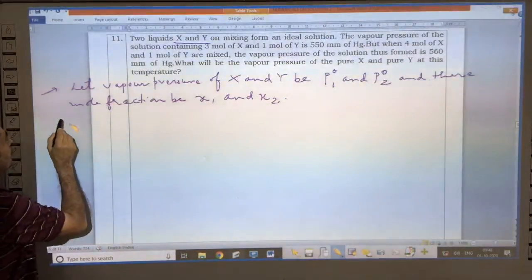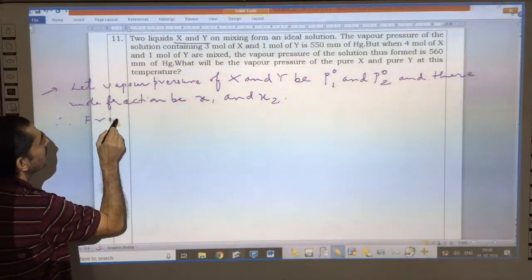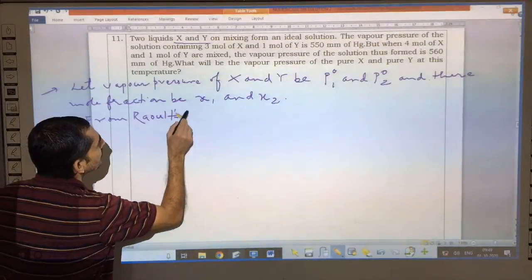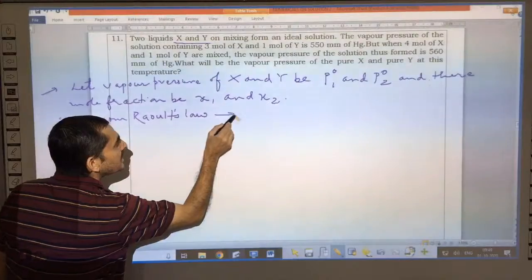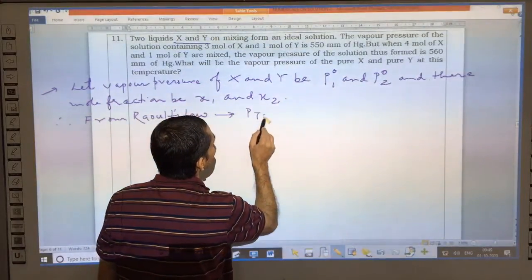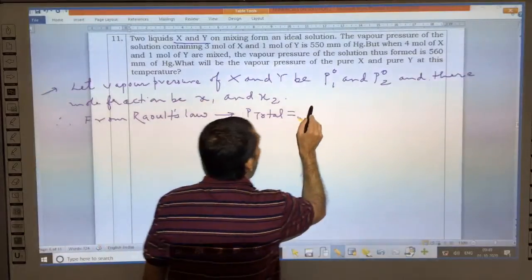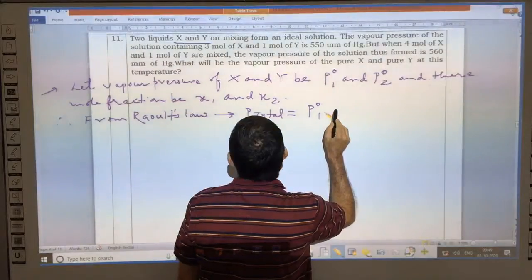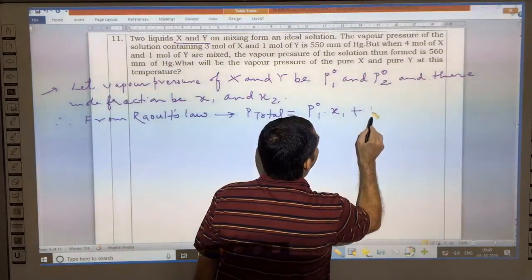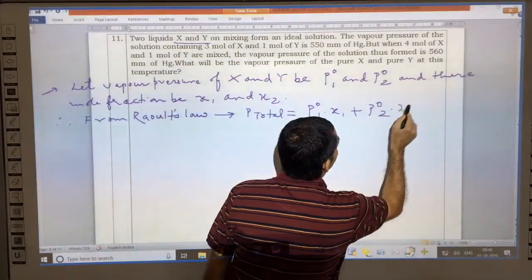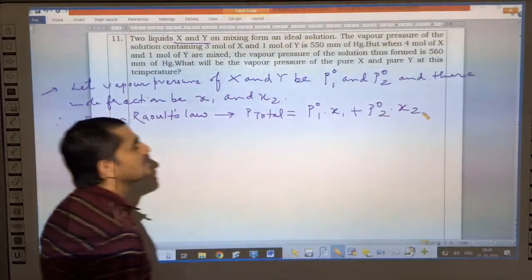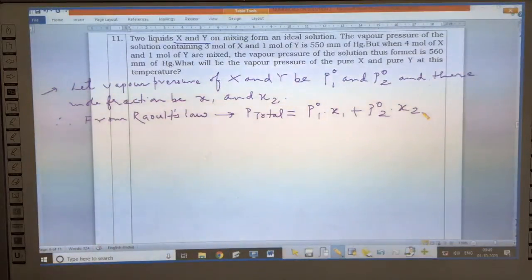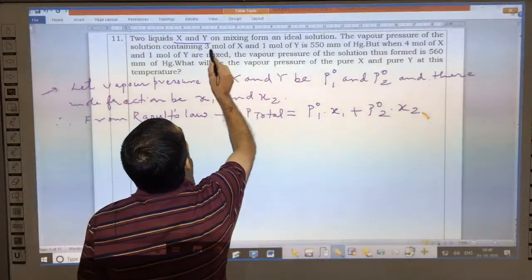Therefore, from Raoult's law, you know very well P total will be equal to P01 multiplied by X1 plus P02 multiplied by X2. Yes or no? We have assumed their vapor pressure and mole fraction. Then from here we will move on to our question.